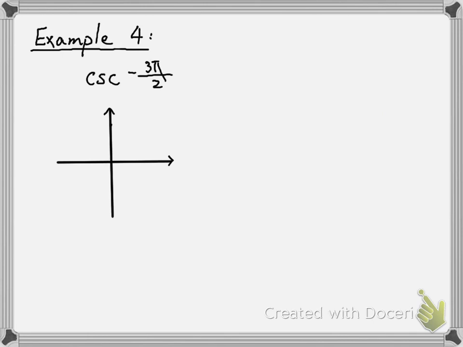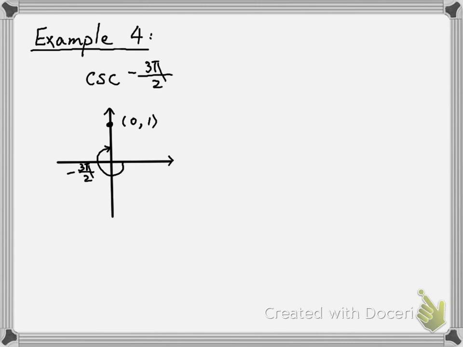Example number 4. Cosecant of negative 3 pi over 2. Since the angle is negative, we will travel clockwise. Then the point will be located on the positive y-axis on a unit circle. The coordinate is 0, 1.